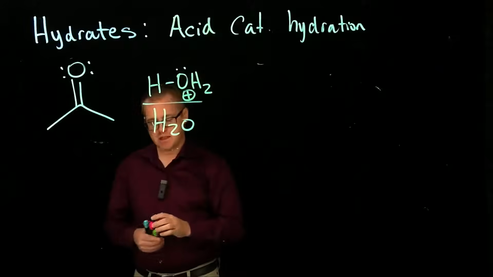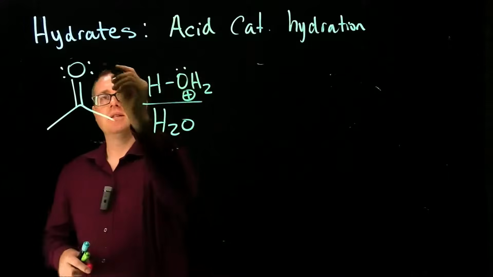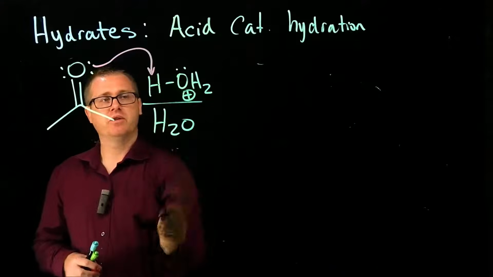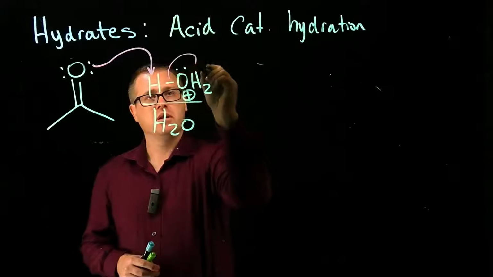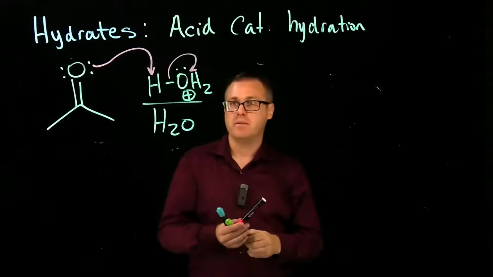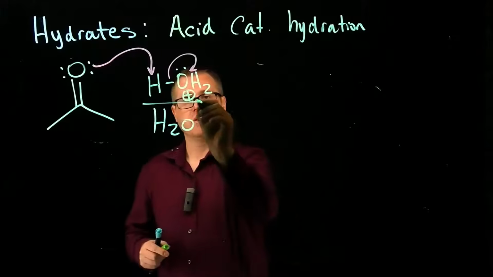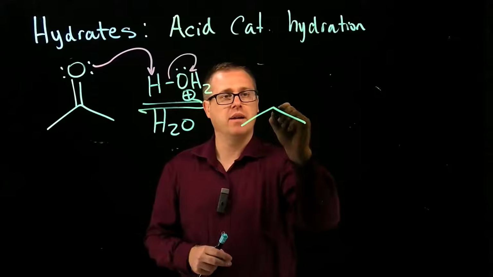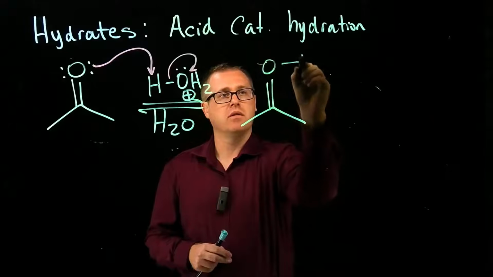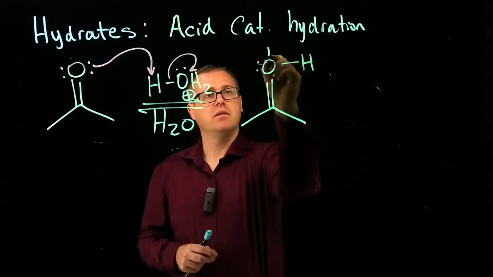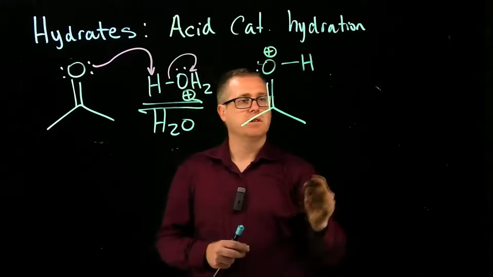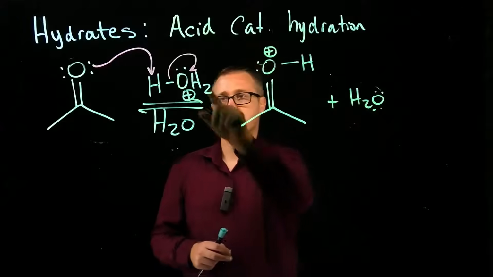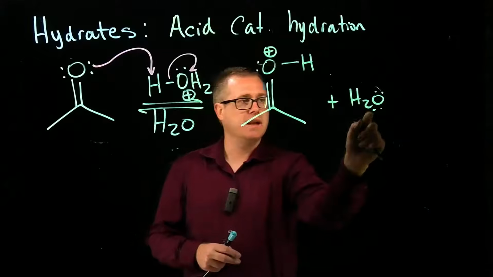Under acidic conditions, the first step is the oxygen right here is electron rich, so it's going to attack that electron poor hydrogen to protonate it. So that's an equilibrium process. So we're going to have that now. And we just generated some water. So that water, that piece right there is that piece right there.